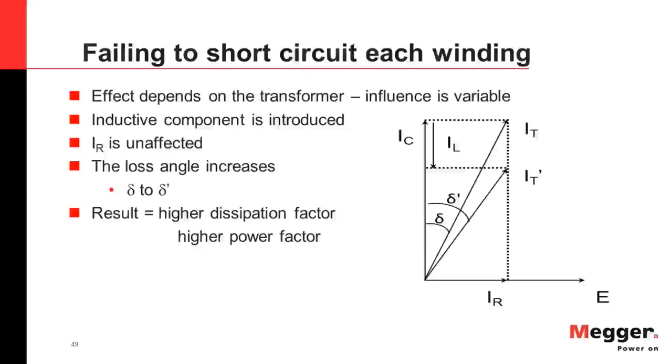And so now that test preparation error is causing your power factor results to look higher and different than they had been before, and you end up chasing something without knowing that it's attributed to a test connection error.